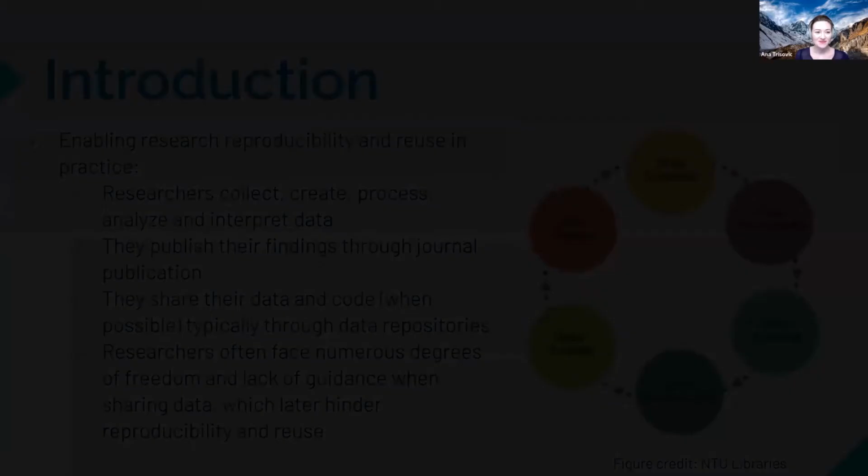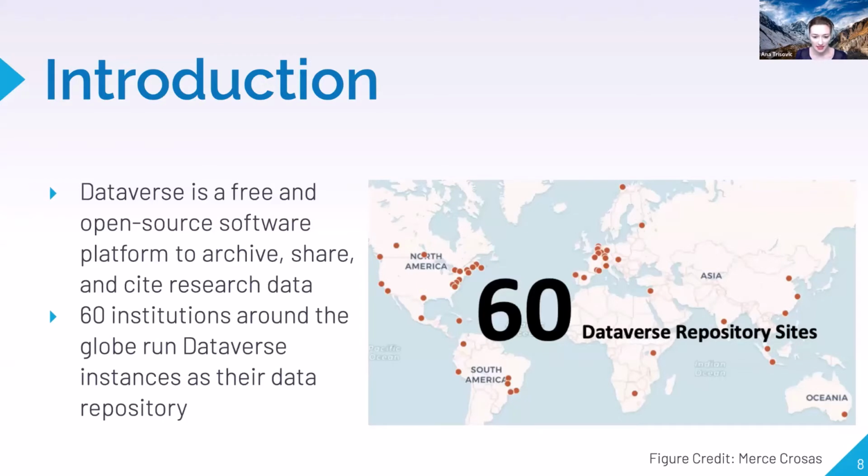Okay, so as I said, one of the typical venues to publish and disseminate data and code are data repositories. And Dataverse is one of these data repositories. It is a free and open source software platform to archive, share, and cite research data. So Dataverse is a software platform, and there are many Dataverse repository sites around the world.